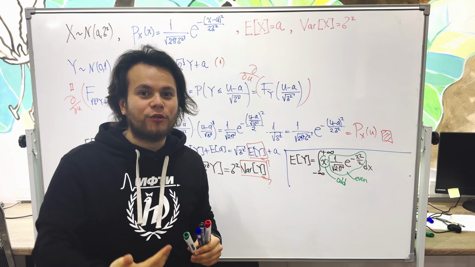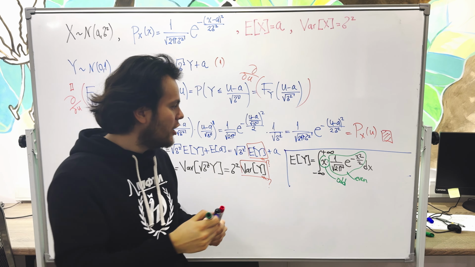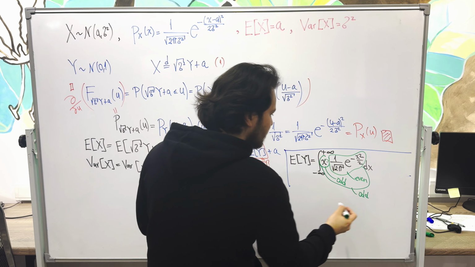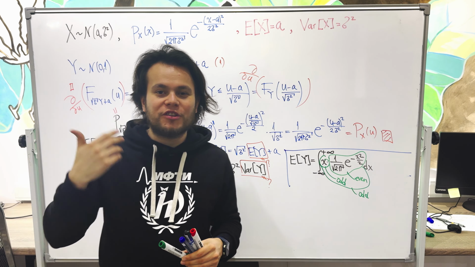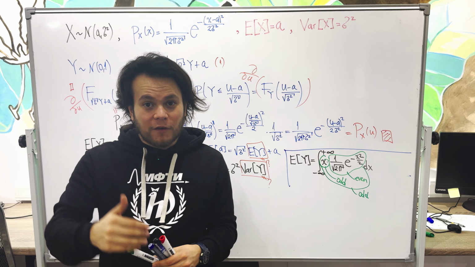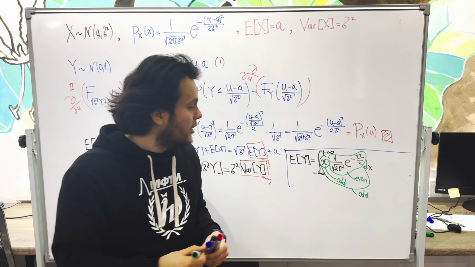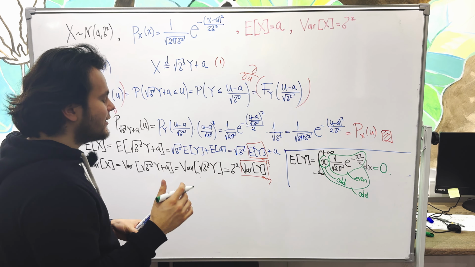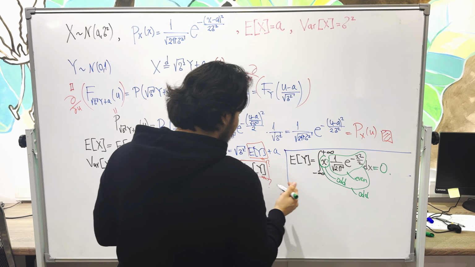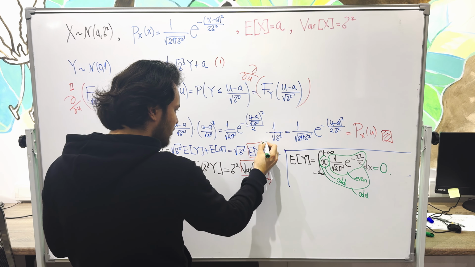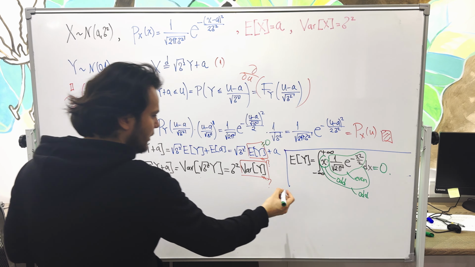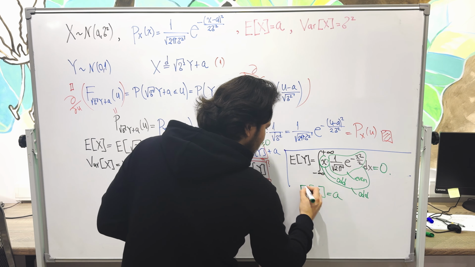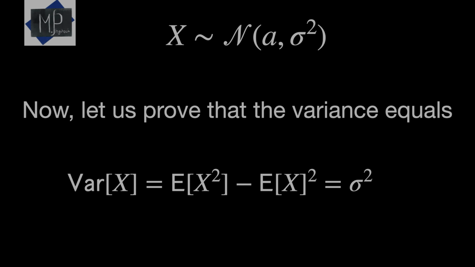We know that this product is an odd function. So the whole function here is an odd function. And we know that the integral from minus infinity to plus infinity of an odd function is equal to 0. So this is just equal to 0. So we have proven that the expected value of y is equal to 0. So we obtain the first result: the expected value of x equals a. This is what we wanted to prove.